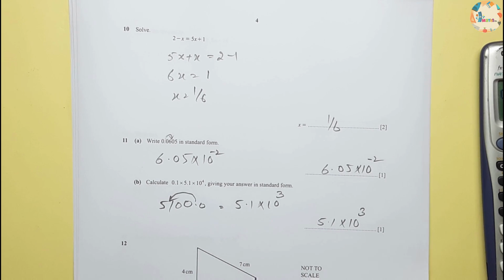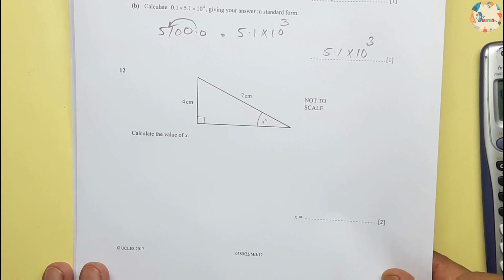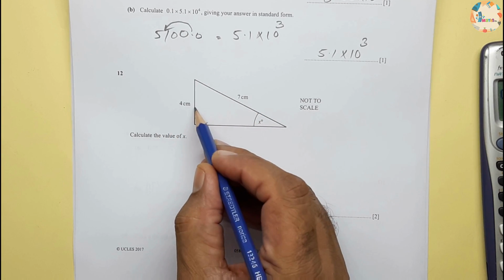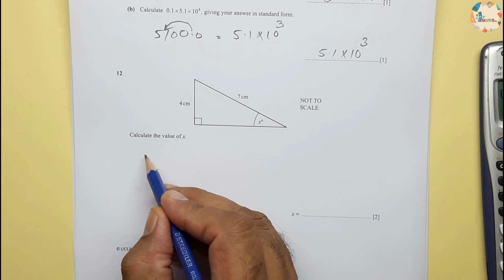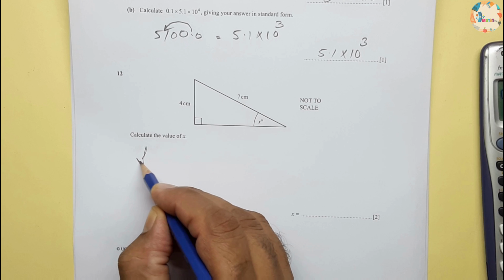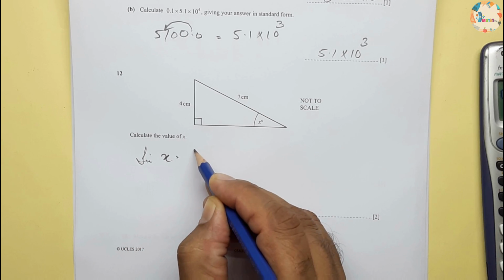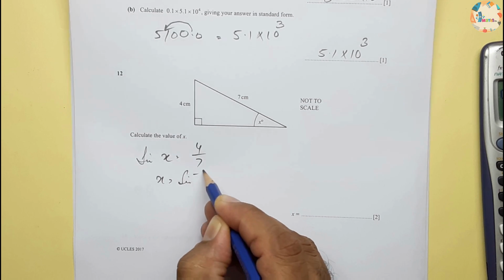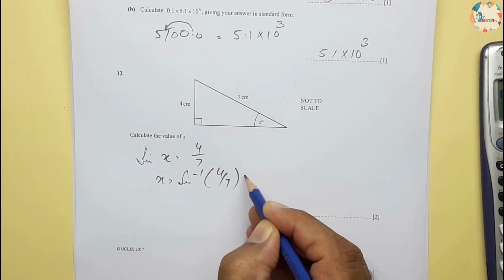Now question number 12 is a triangle which is not to scale, and two sides are given, 4 and 7. We have to find the angle. So opposite over hypotenuse will be sine. Sine x is equal to 4 by 7. So x will be equal to sine inverse of 4 by 7.